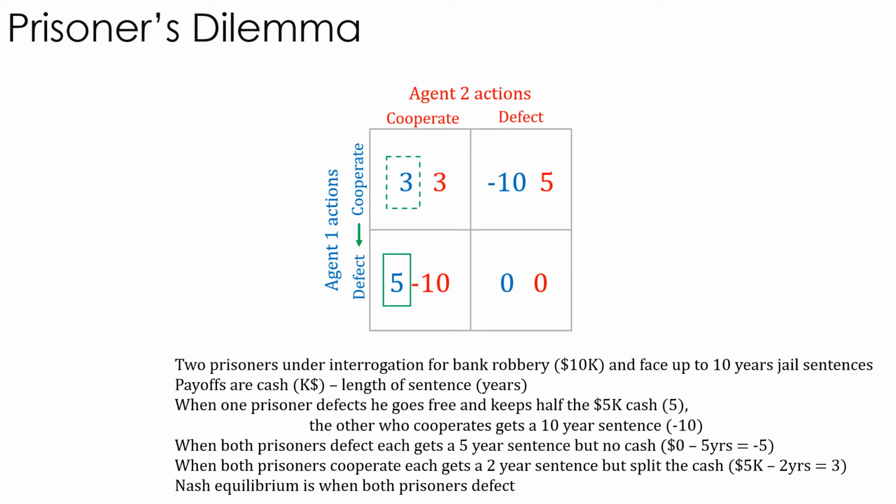He increases his payoff from 3 to 5 as shown here. Likewise, agent 2 switching again unilaterally from cooperate to defect increases his payoff from 3 to 5. So both agents cooperating is not stable. It's not a Nash equilibrium.